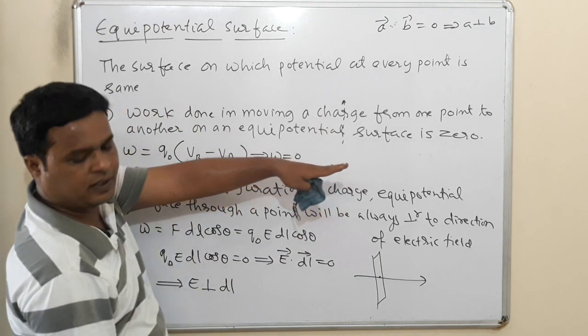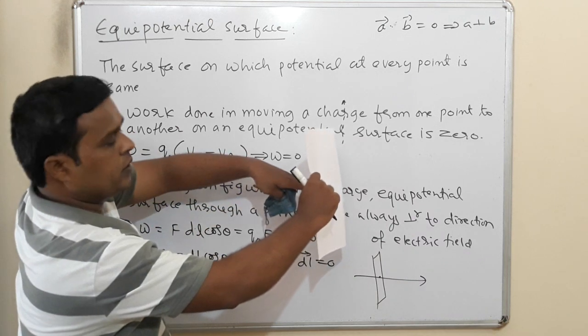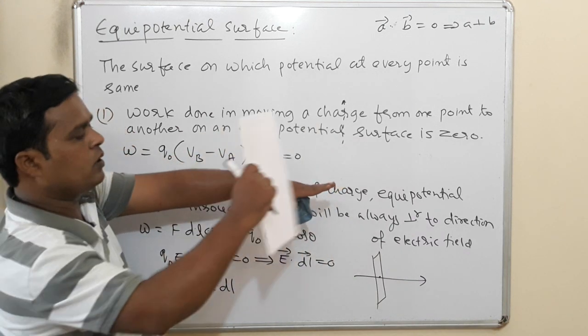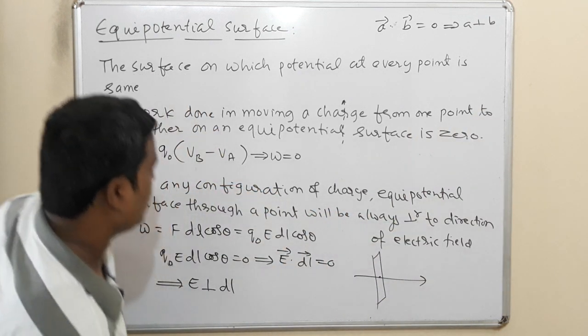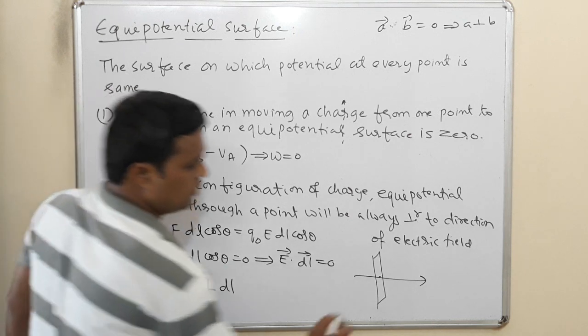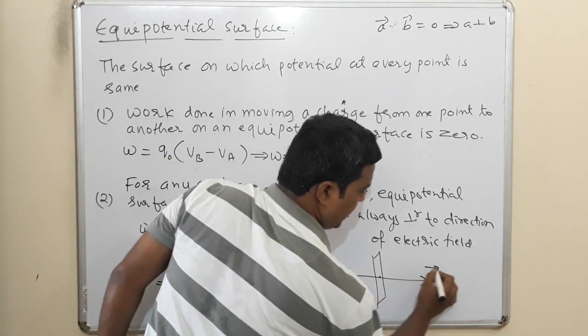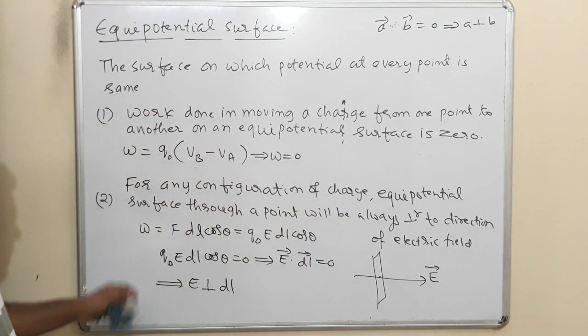This is the field direction, and this is the equipotential surface.